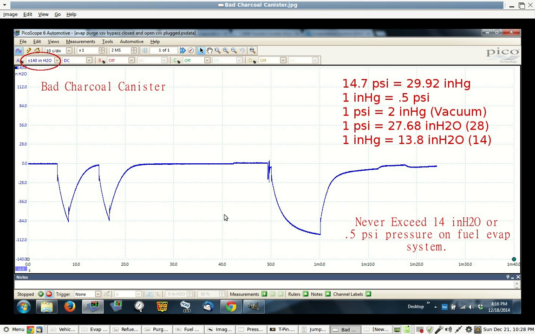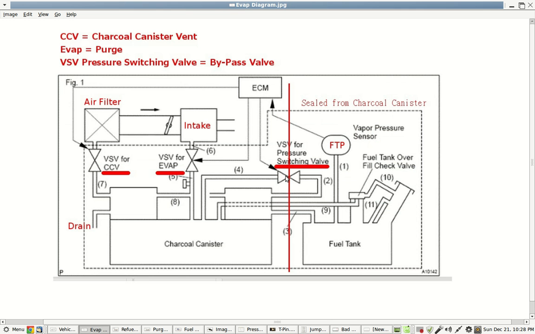This system can only be checked with a vacuum. If the charcoal canister passes this vacuum test, but then you open it up to the fuel tank by activating this bypass valve, and now you pull a vacuum and it doesn't hold vacuum on the fuel tank side, that's when you have to use pressure.